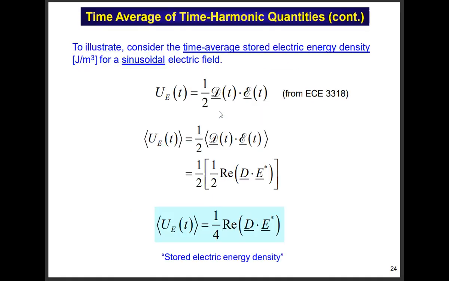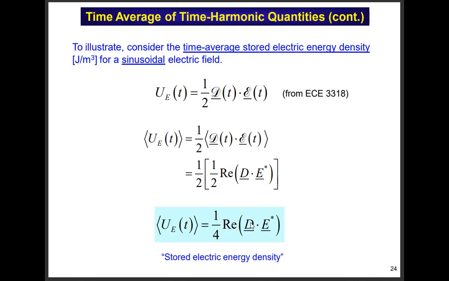So notice there's a net 1/4. So if you want the time average stored energy density in a capacitor that's varying sinusoidally, the formula is going to be 1/4 the real part of D phasor dot E phasor conjugate. And of course, if you had some volume in this region between the plates, you have to multiply by the cubic meters because this is density, joules per cubic meter.